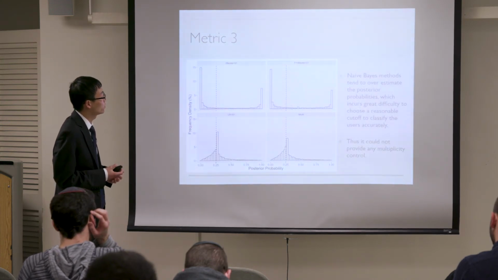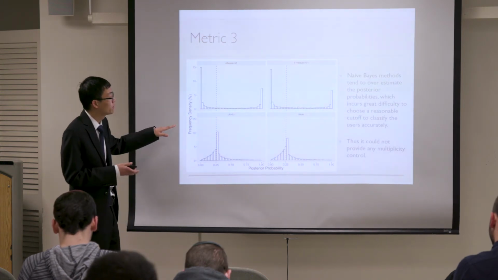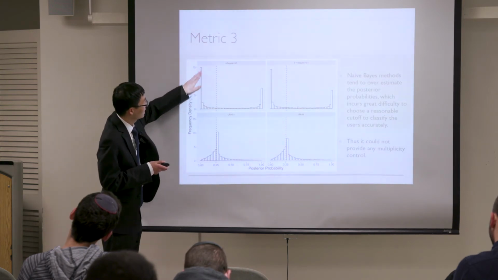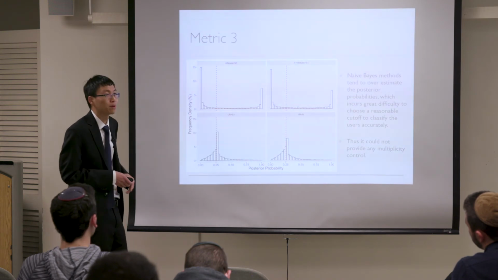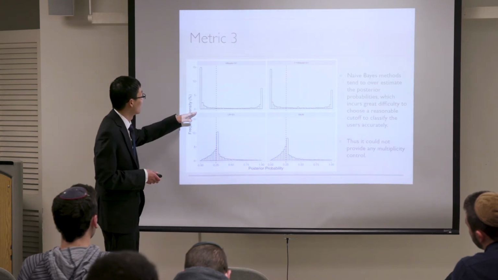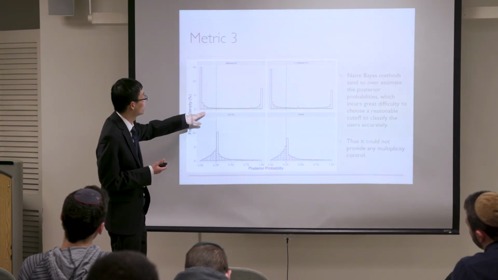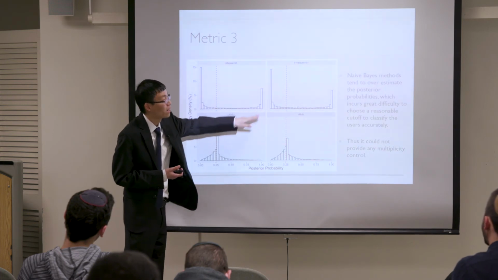Okay, so for metric 3, this figure shows the histogram of the posterior probabilities for the testing users. And you can see the different methods demonstrate very different shapes. You can see the naive Bayes method tends to push the posterior probabilities towards 0 and 1.